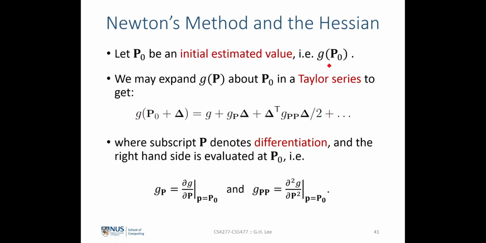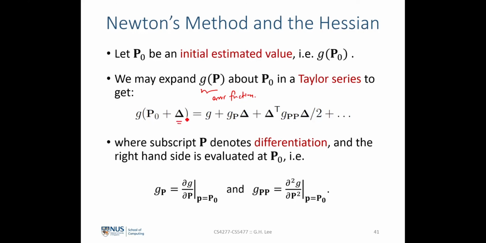Now let P0 be the initial estimated value, and this means that we would have an error of g of P0. We may expand g of p, which is the error function that we have defined earlier. Since this is a nonlinear function with respect to p, we can linearize it using the Taylor series. We use the operating point, which is the initial estimate p0 plus delta.